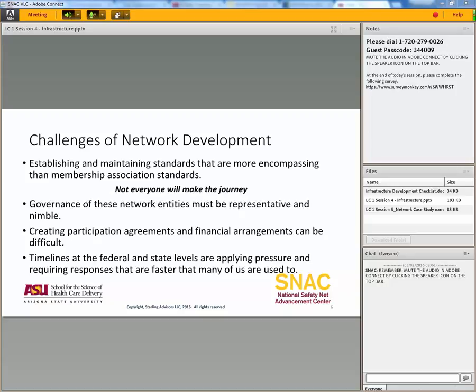A network might form with a contracting philosophy that they intend to be a fully patient-centered medical home recognized network of providers. Well, by establishing that as an opening standard, they already have eliminated any of the organizations in their market that have not gone through the process of becoming recognized.